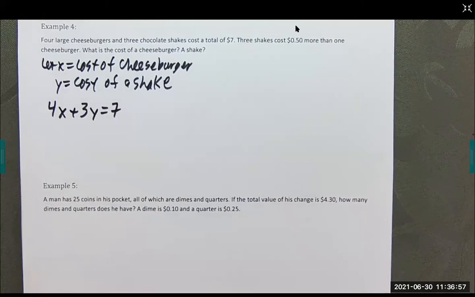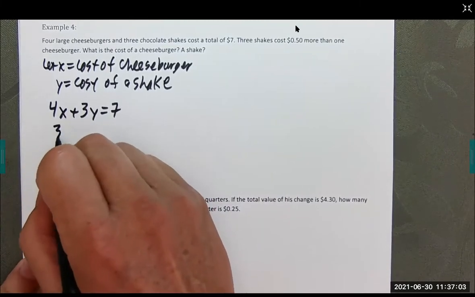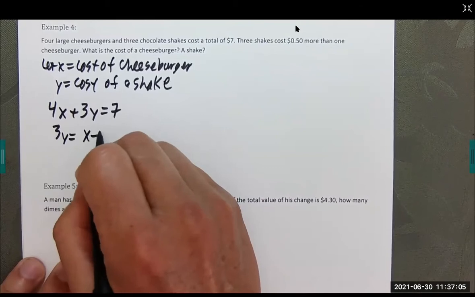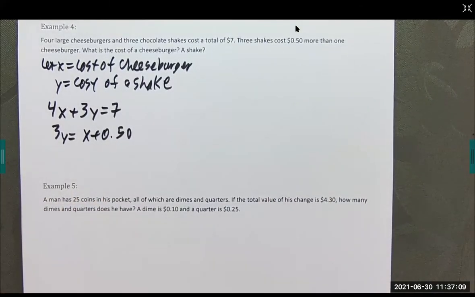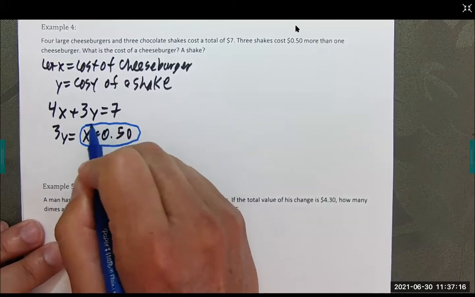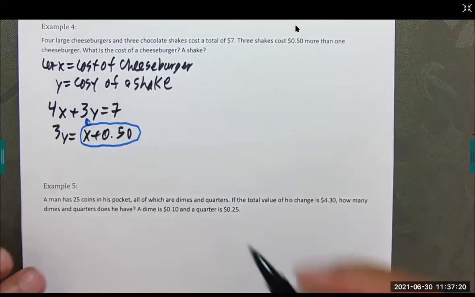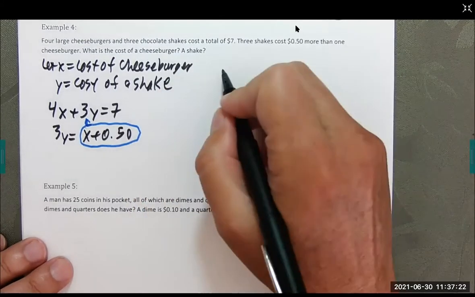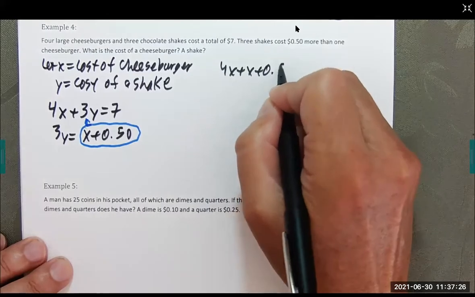And we know that 3 shakes cost 50 cents more than a cheeseburger. So I'm seeing 3y is equal to x plus 50 cents. Actually, this one's kind of cool because we have 3y and 3y. So we can just replace the whole 3y with that. So 4x plus x plus 50 cents equals 7.